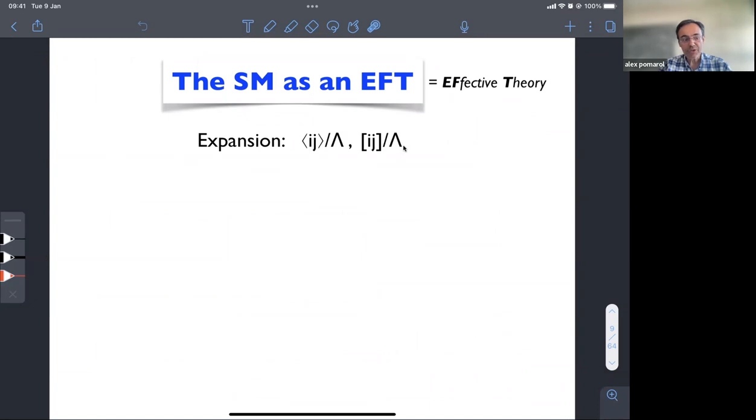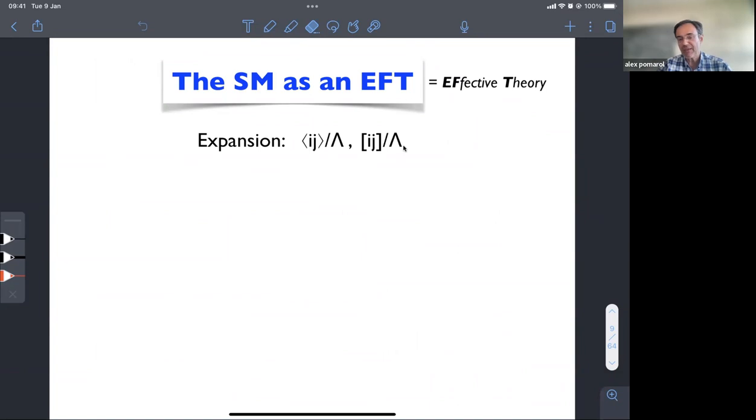Now, let me do it for the standard model. We will not do the full standard model here, but the idea is to consider the standard model as an effective field theory. Here we consider it as an effective theory of amplitudes.